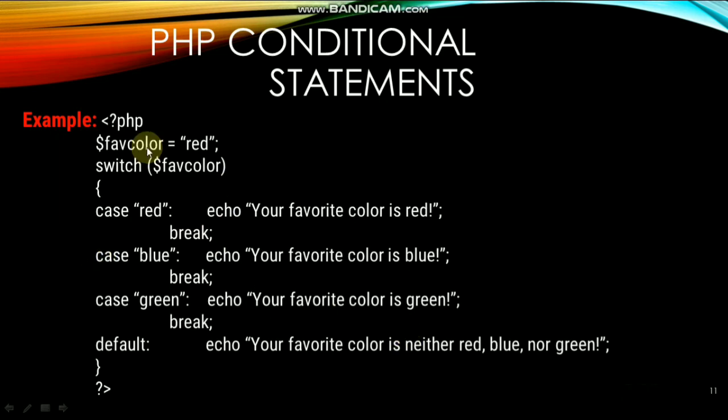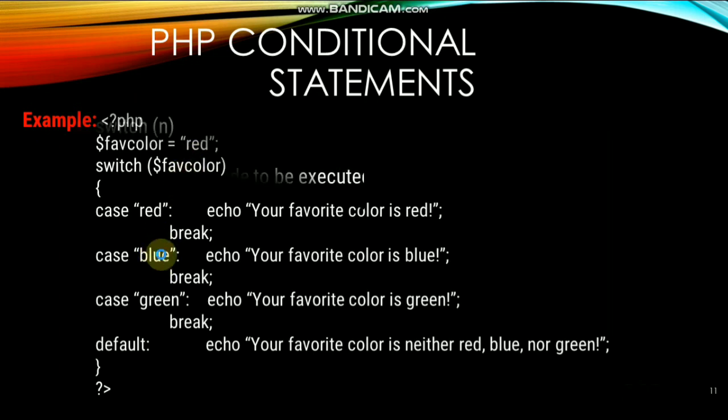Okay, now we'll take another example. If my favorite color is equal to blue, okay, so it will come here. So my switch statement will get the value from the variable favorite color as blue. So it will check here, my case is not matched because here it is blue, my label is red. So break, then it again goes to the next one. So if the case is false, it moves to the next case. Okay, so here it is blue and here my label is also blue. So both are true.